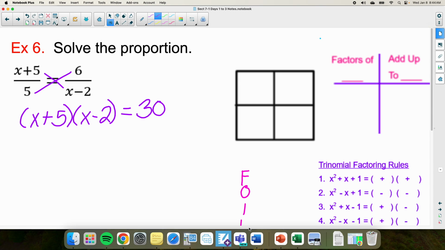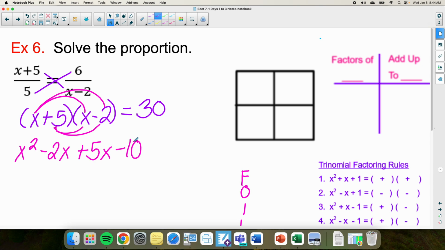And so the F for first is x times x, which is x squared. The outside is x times a negative 2, which is negative 2x. Inside are these two, which is 5x. And last is 5 times a negative 2, which is negative 10. And then we bring the 30 over, which is minus 30, and that equals 0.